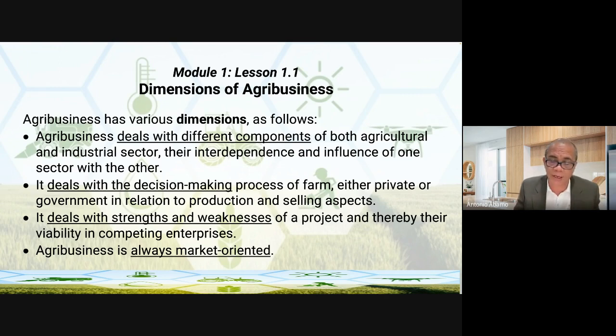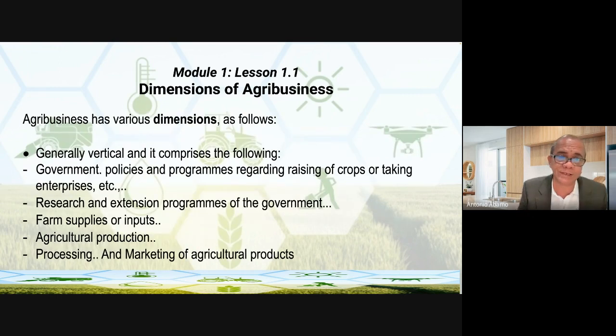The weakness uncovers threats, for example, while the strength will also uncover opportunities. Agribusiness is always market oriented. Remember the dimensions: it deals with different components, agricultural and industrial. It also deals with decision making, and of course, it deals with strengths and weaknesses.